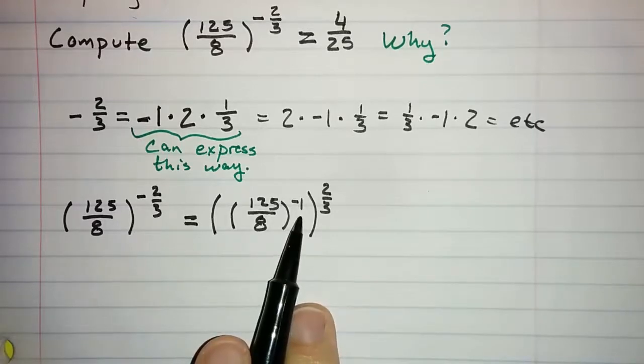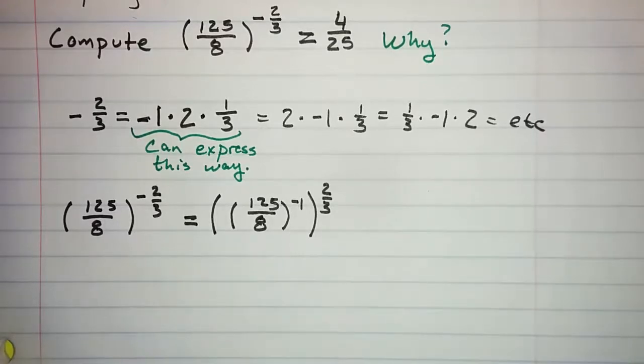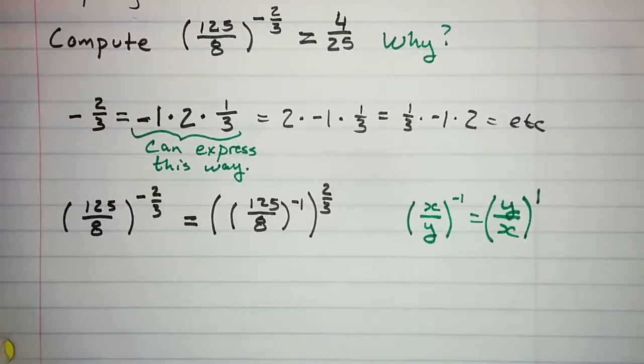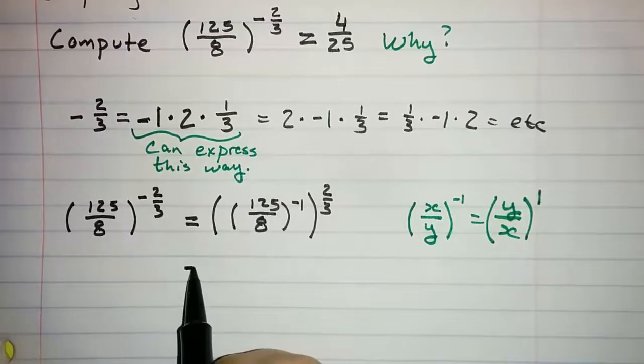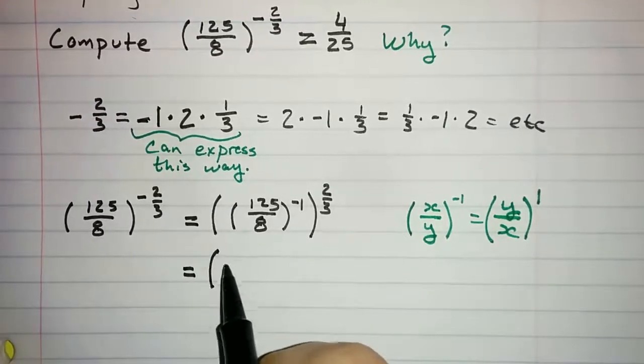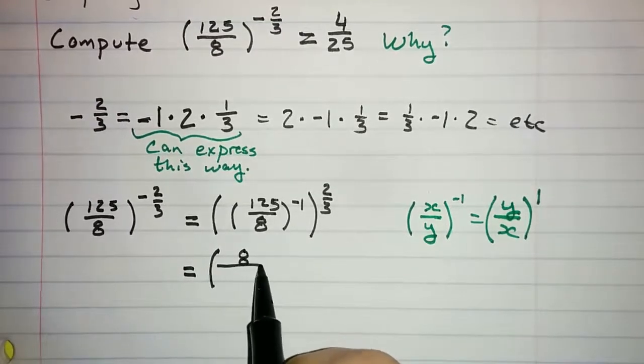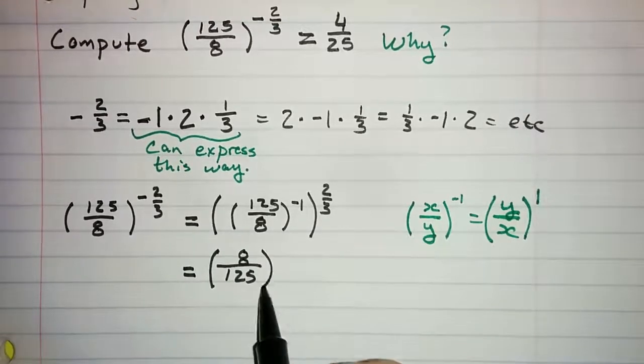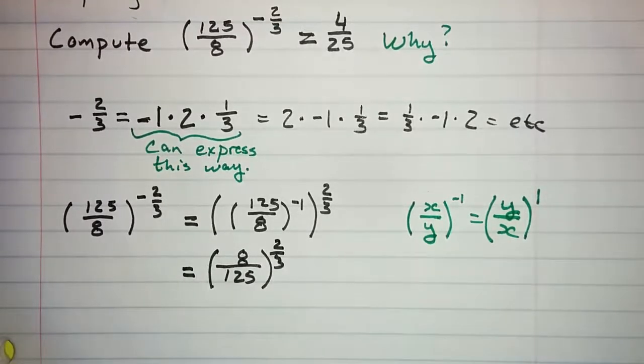What does the negative 1 power do? Well, it takes the reciprocal and then the first power. So that's just the reciprocal. That's a specific form of our general rule for negative exponents. So this will just be 8/125 to the 2/3 power.